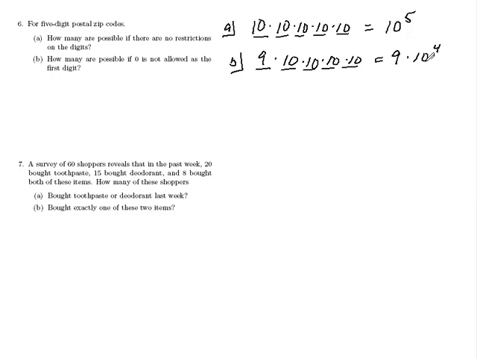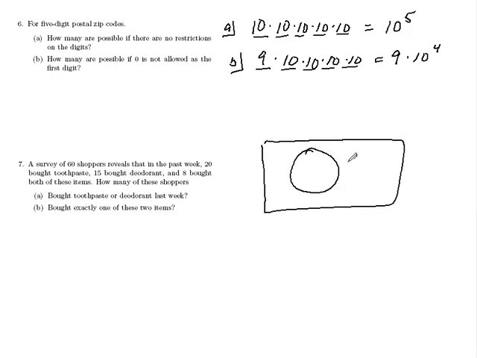Question 7. A survey of 60 shoppers reveals that in the past week 20 bought toothpaste, 15 bought deodorant, and 8 bought both of these items. Well, if you notice the structure of this problem, it's a Venn diagram. So toothpaste and deodorant.